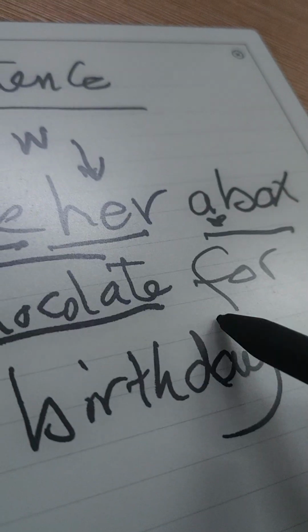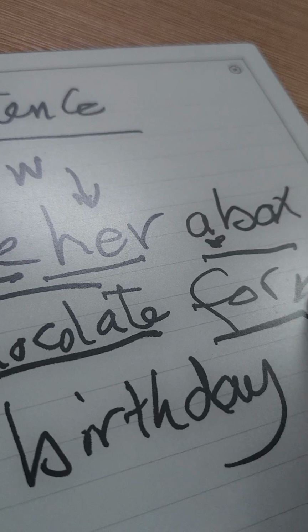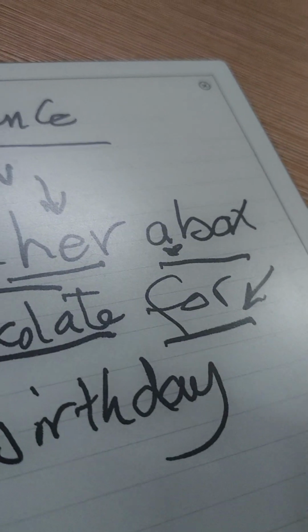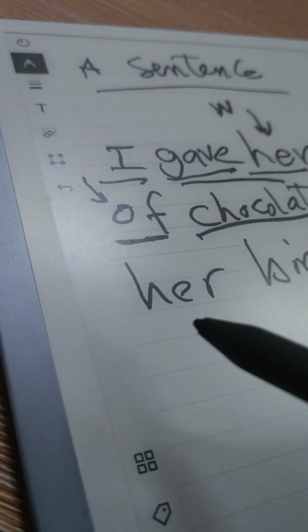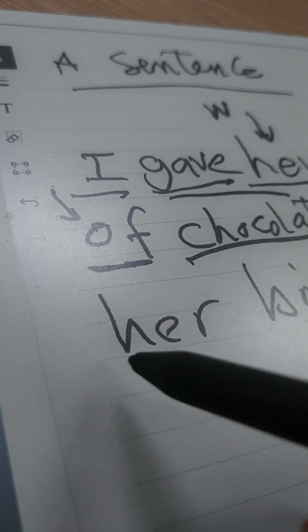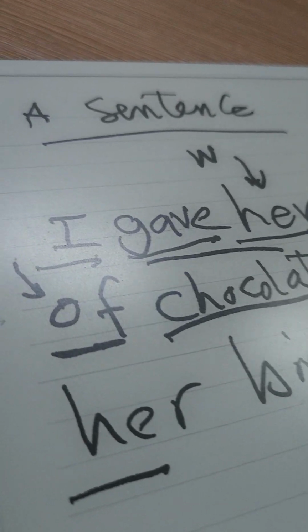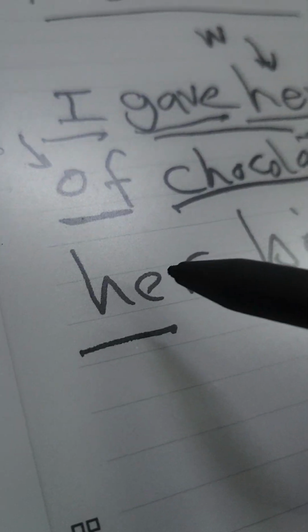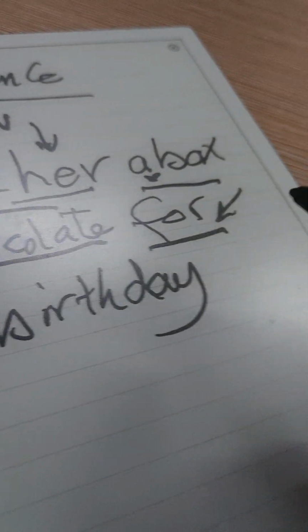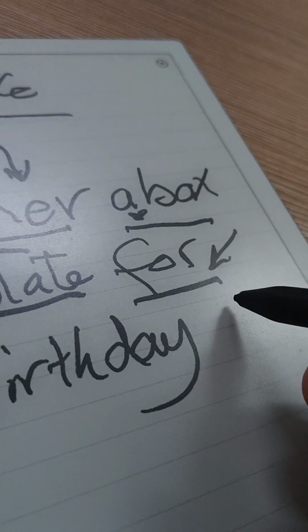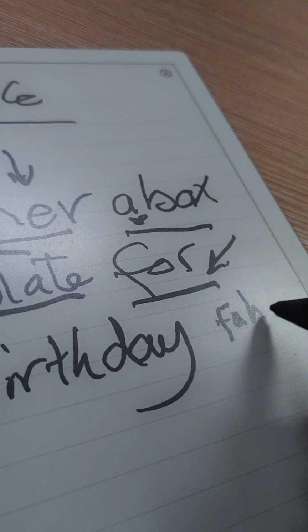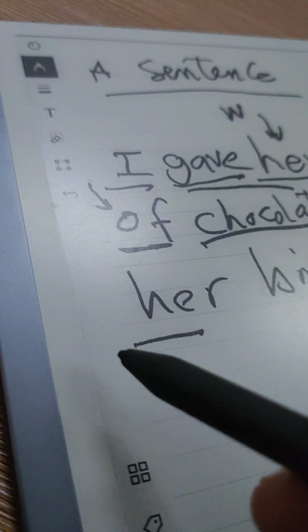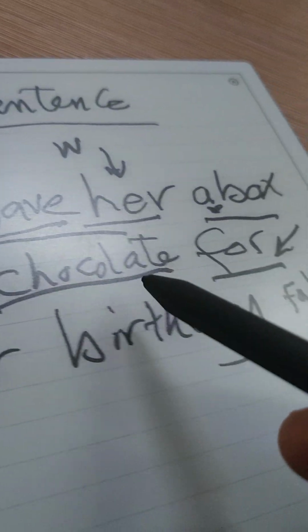Chocolate. And for. For, as I told you, is a weak form. For her. So I have here two weak forms. So for her. What can I say? Two words in one. Look at me here. For her. Chocolate for her.